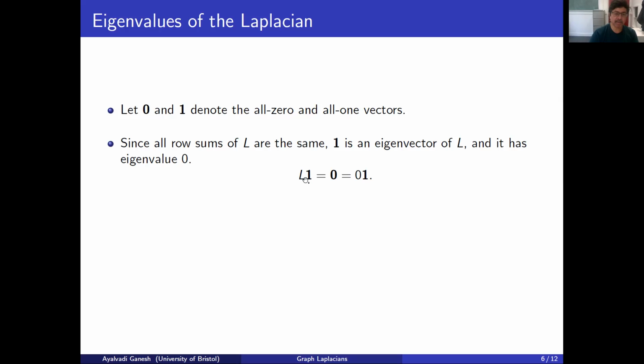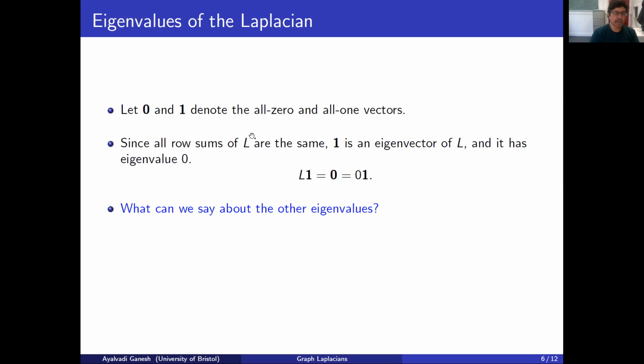In this case the row sums are 0, so you get the all 0 vector, which is 0 times the all 1 vector. So the matrix multiplying this vector is just a scalar multiplying this vector. So this vector is an eigenvector, and the scalar is the eigenvalue. So the eigenvalue is 0, and the all 1 vector is an eigenvector.